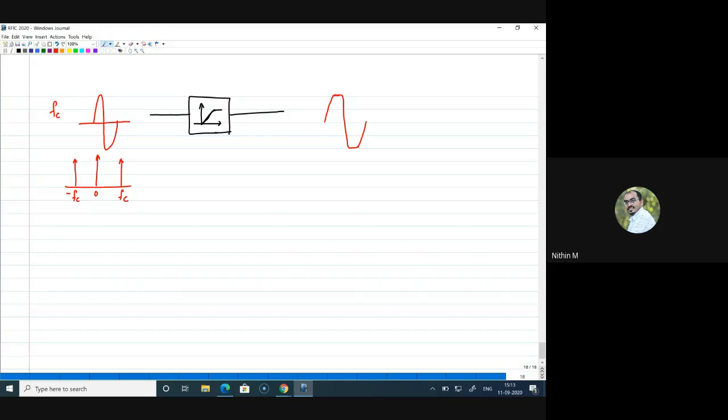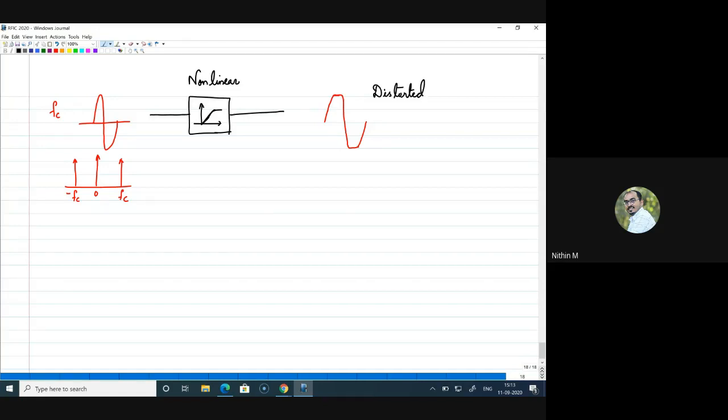Now your system is behaving as a non-linear system since we have increased your input signal, and you can see that here your output is distorted.